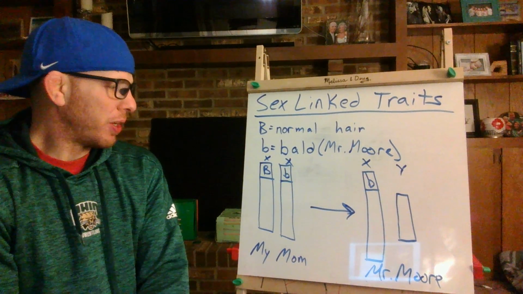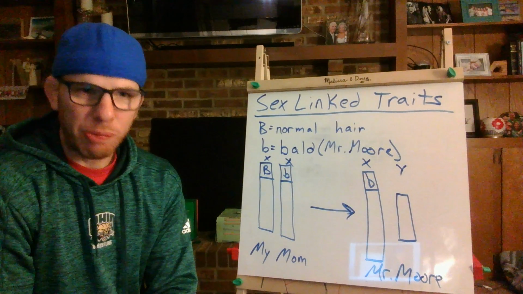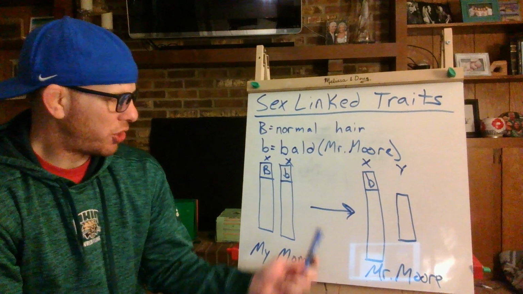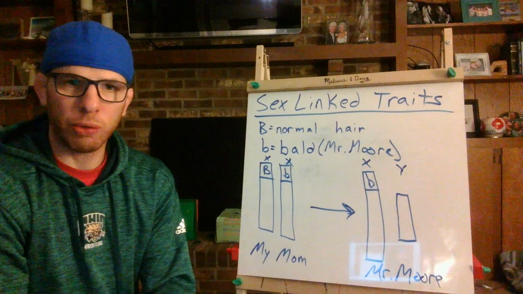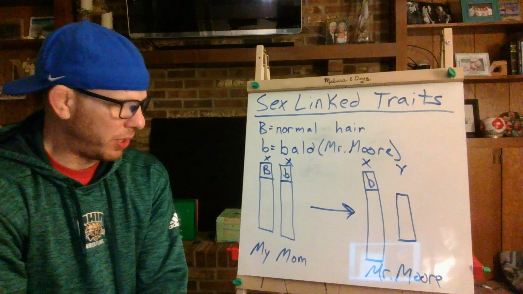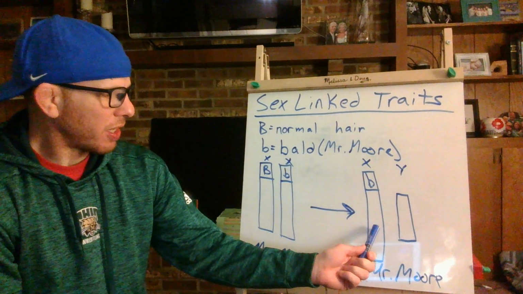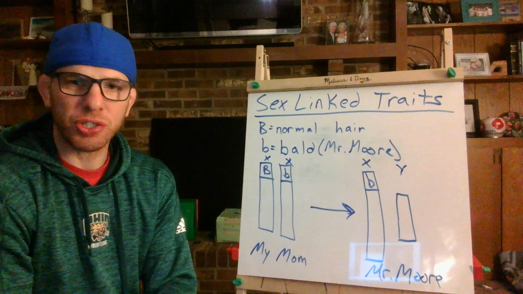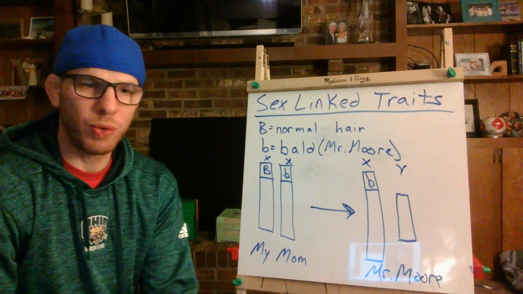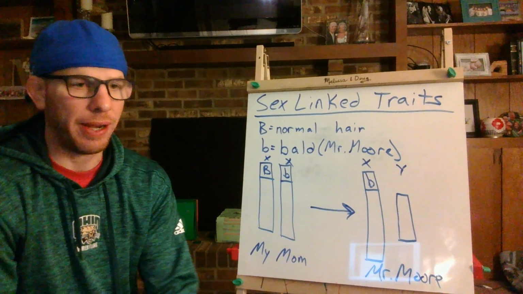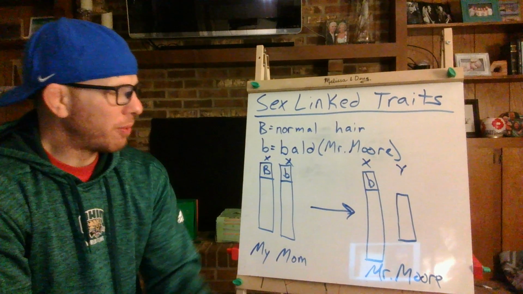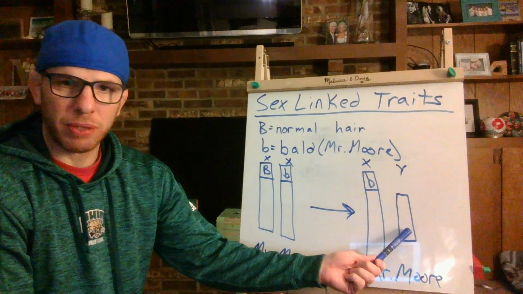Okay. But when she had me, she passed down a certain gene to me. She passed down this guy, the little b. Okay. The little b is the bald gene. Now, if you remember from our discussion at cell division, one of the questions that we had was, who was it that determines your sex, your mom or your dad? Well, it's your dad. So my dad passed down the Y chromosome. All right.